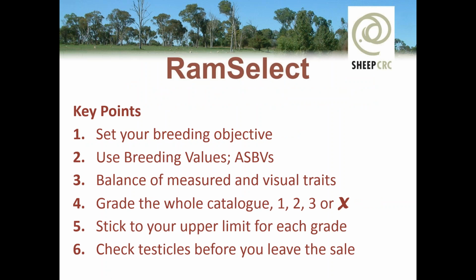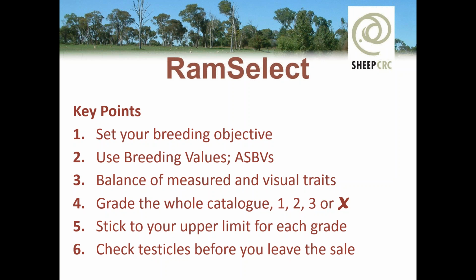So just in summary, it's really critical to have a clear breeding objective, understand the breeding values and how you use them, and what the different numbers mean in your situation relative to your flock and across the industry. Get the right balance when you make your selections between the measured traits and visual traits in your breeding objective. Some people have a nice breeding objective on paper, but then mess it up when it comes to the practicality of selecting rams.